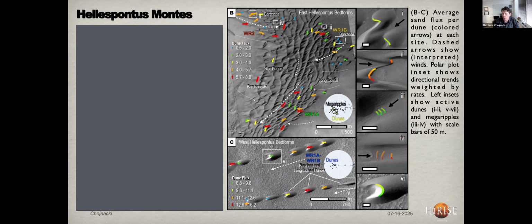And I'm currently working on a paper to describe megaripples and transverse aeolian ridges that are migrating on Mars, which has been understudied in some cases. But we'll talk a little about that in an upcoming paper for the reversing megaripples, but not much more in Hellespontus, at least at this point.